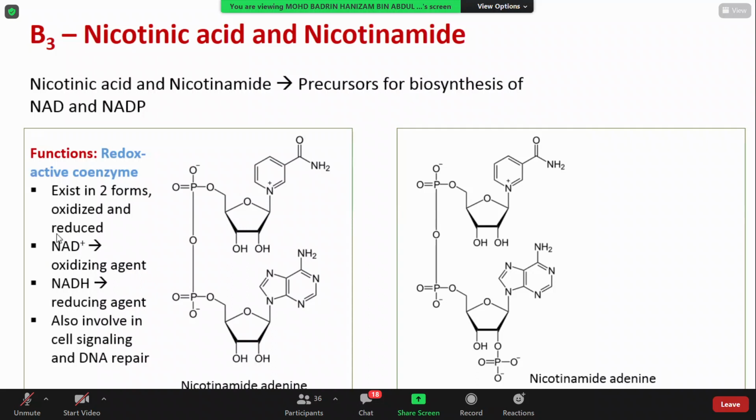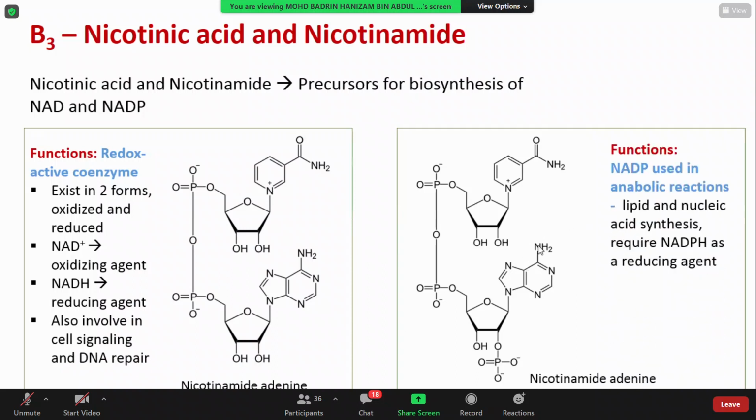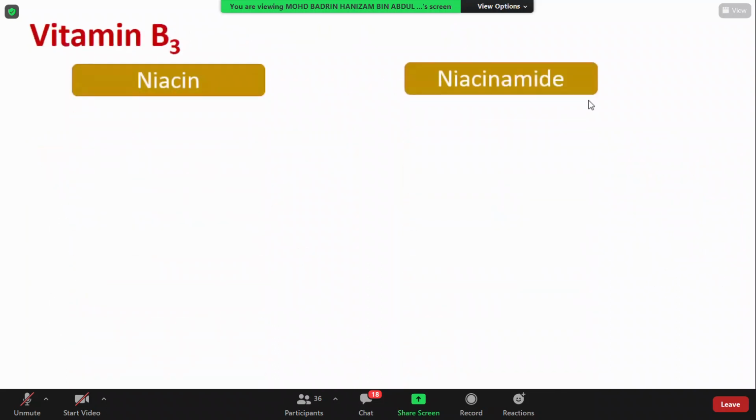You know by now, biochemistry student, you should know why we call it an oxidizing agent when it's NAD plus, while when it contains hydrogen, we call it a reducing agent. I'm not going to explain. Also involved in cell signaling and DNA repair, while NADP is used in anabolic reactions such as lipid and nucleic acid synthesis, requiring NADPH as a reducing agent.